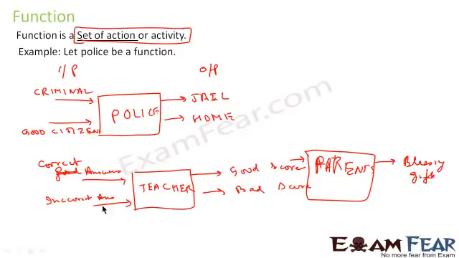Correct? You gave an incorrect answer to the teacher. Teacher gave you a bad score. You showed the bad score to your parents. What did you get from parents? Scolding. Correct? So this is an example where the output of one function is going to another function. In this case, police, teacher, parents are all acting as functions.